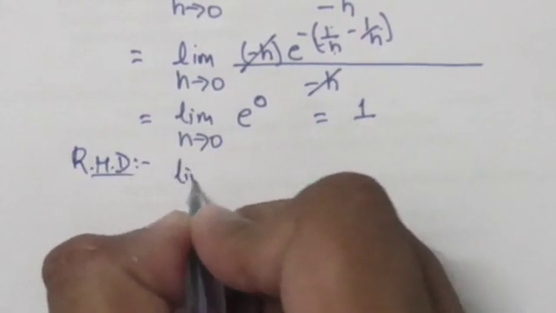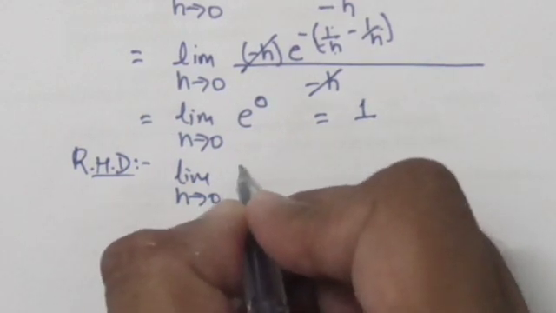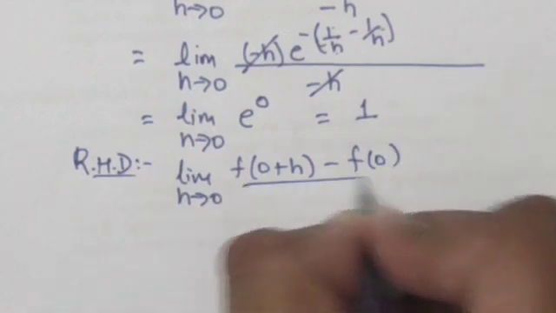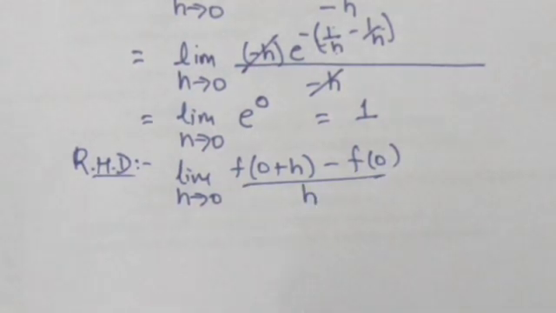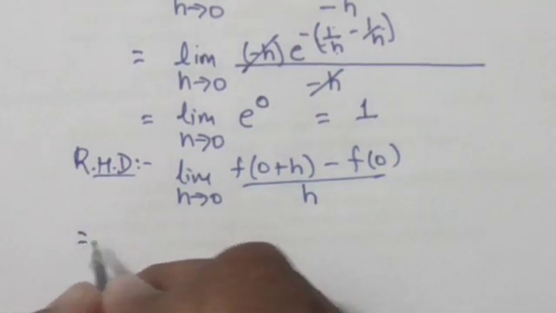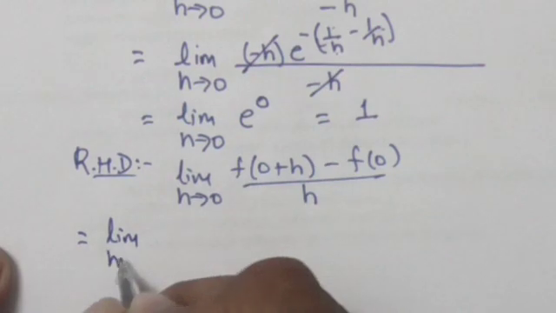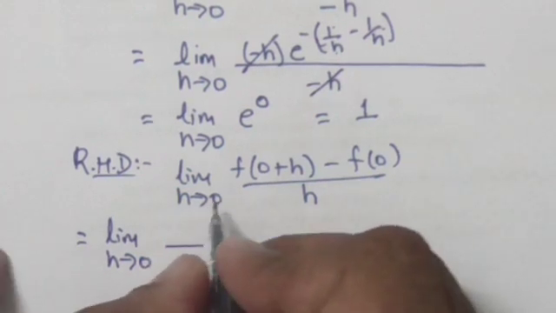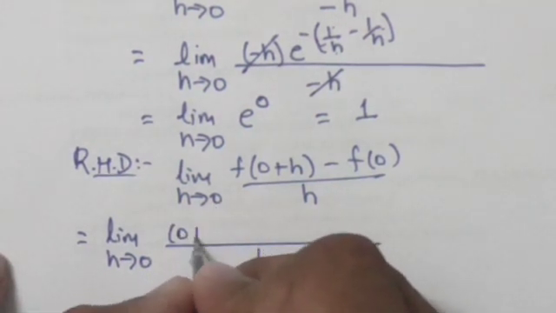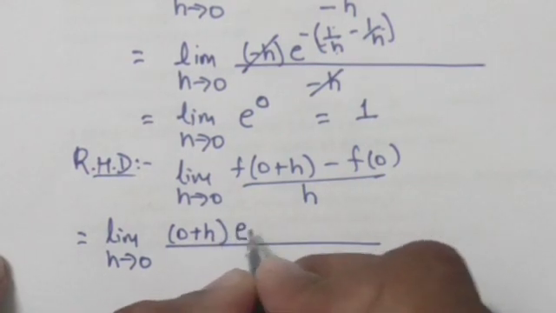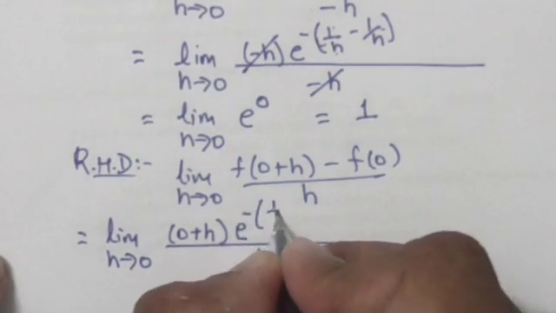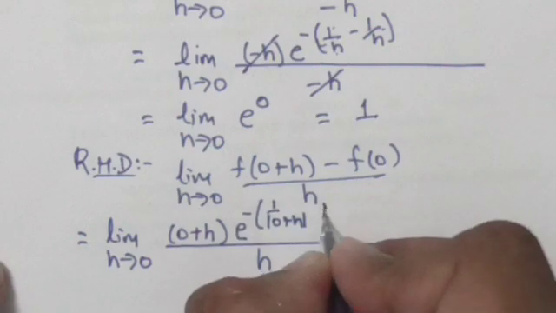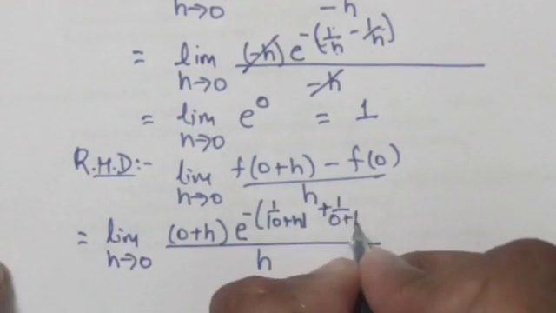It is limit h tends to 0, f(0 plus h) minus f(0) upon h, and it will be equal to (0 plus h) e raised to power minus 1 upon mod (0 plus h) plus 1 upon (0 plus h).